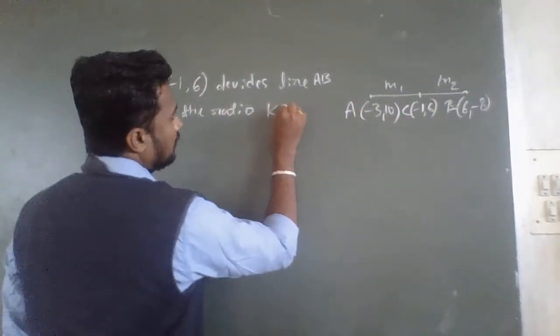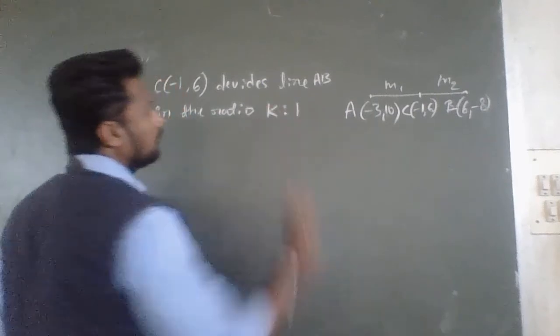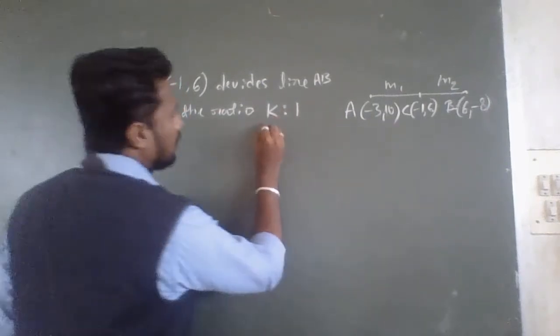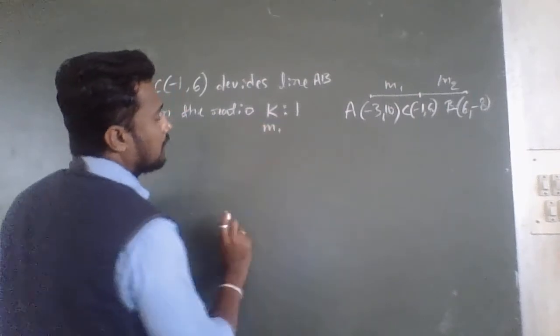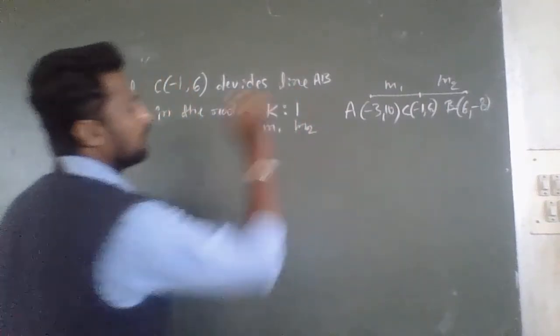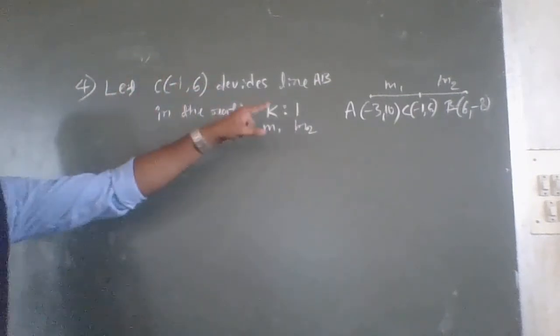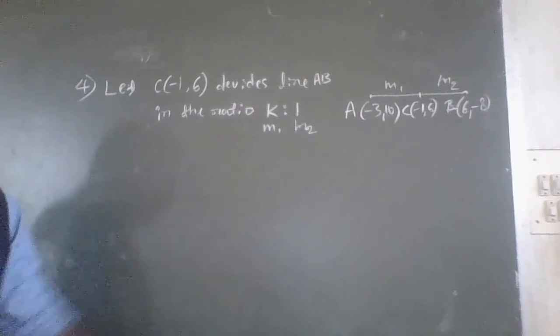We will consider this ratio as K is to 1, means we will assume that m1 value is K and m2 value is 1. So point C divides AB in the ratio K is to 1 here.